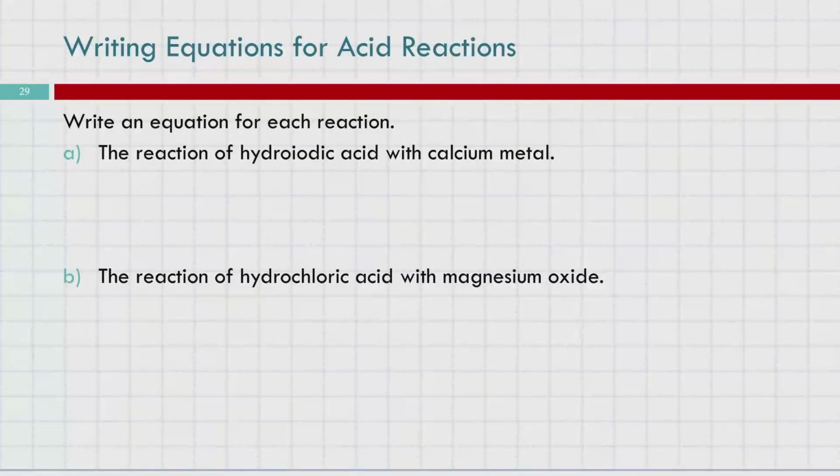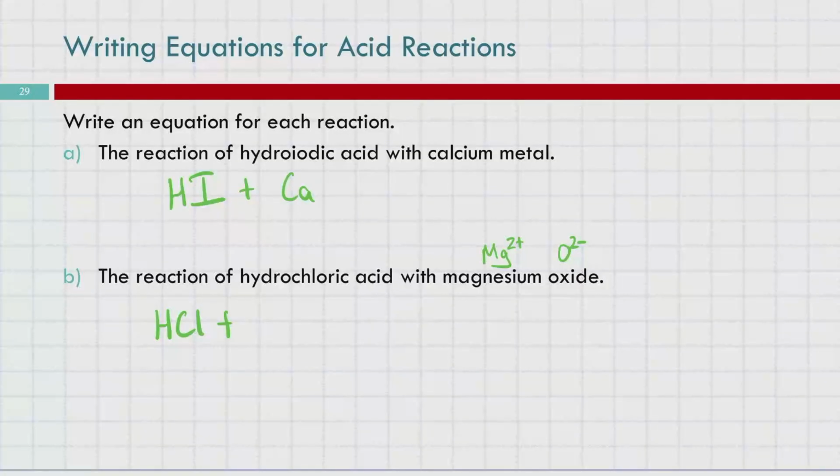Okay, if we were stuck with nomenclature, here are our reactants. Hydroiodic acid, hydro meaning it's binary, so it's just HI, and calcium metal is Ca. In B, hydrochloric acid is HCl, again a binary acid, this time reacting with magnesium oxide, magnesium being Mg, oxide being O. The ions that those would normally form: magnesium would generally form a 2+, oxygen would form a 2-, because of the columns that they're in.